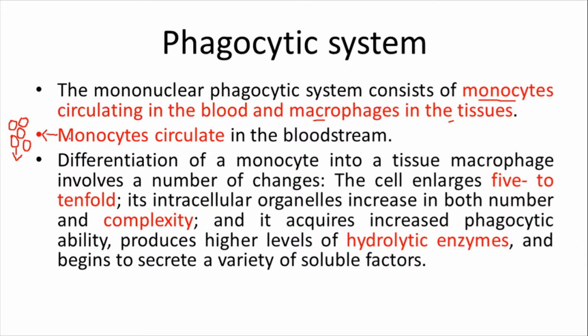So these are the basic functions the monocyte does at the bloodstream level. Once it crosses the endothelial cells, it differentiates.